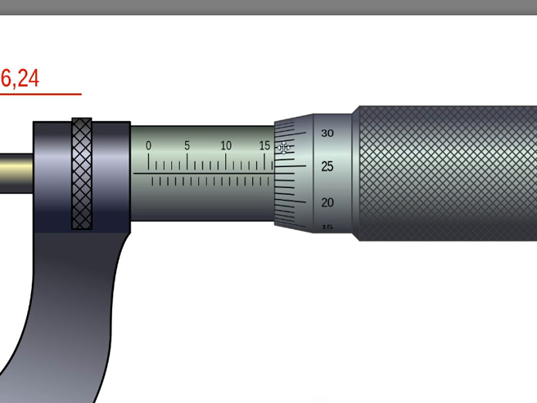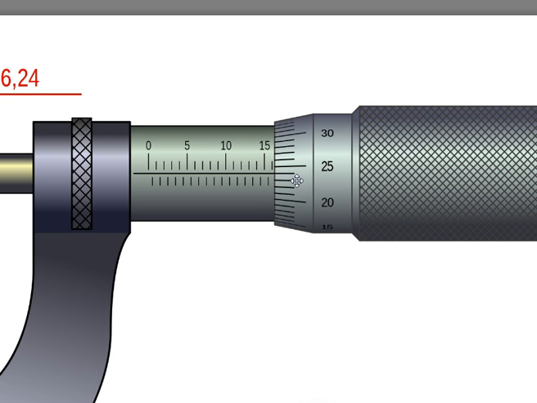See this edge of the thimble, you take it as a reference for checking the main scale reading, like I have done here. 16 is the main scale reading, and now you have to look for the vernier scale reading. For that purpose, this horizontal line you should take as a reference for taking the vernier scale reading. So you have to look for which line on the vernier scale it is matching. Here it is matching with the 24th line, because this is 25, so this must be the 24th line. So this is your vernier scale 24.